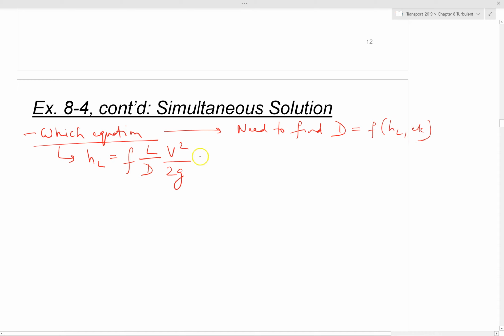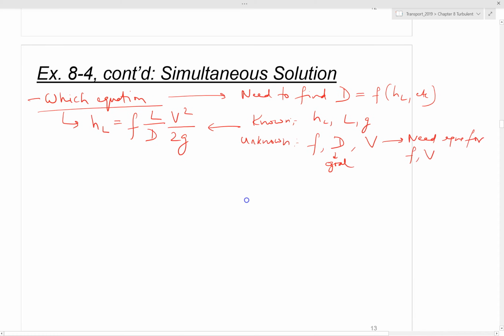So this is the form. So what is known? We know HL, length, g. Unknown: friction factor, diameter D, and V. So we need equations for F and V, friction factor and V.